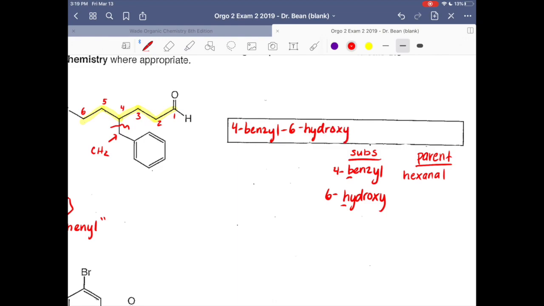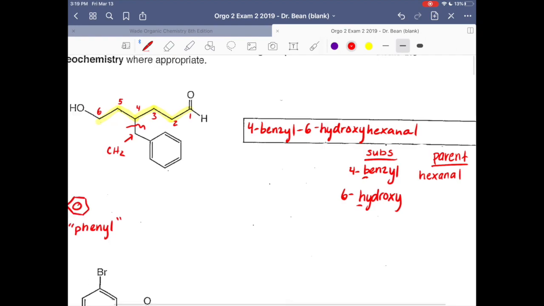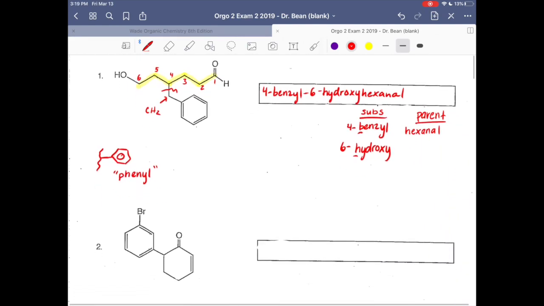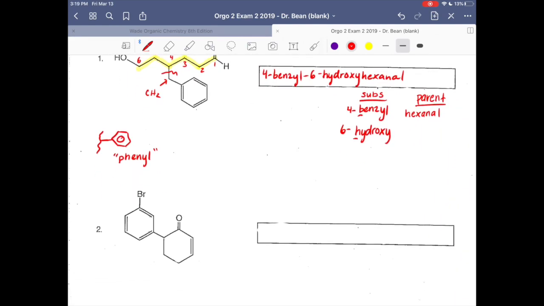And then are we going to put a space in between hydroxy and hexanol? Nope. No space at all, okay? It's continuous. You want to be really careful with the spaces and stuff, because you'll see later on in Orgo 2, there will be times where you have to include spaces, and that is for points, okay? So that's how we answer the first question.